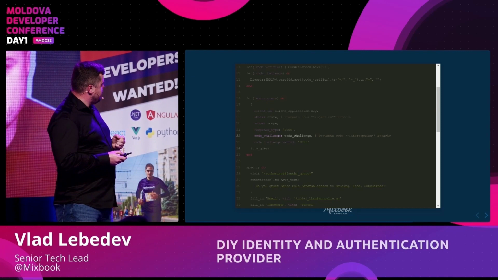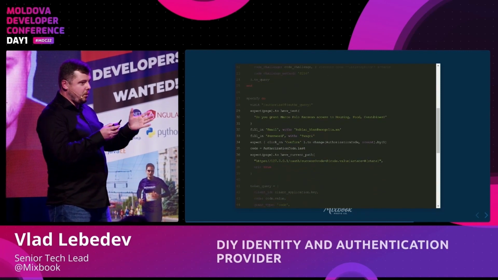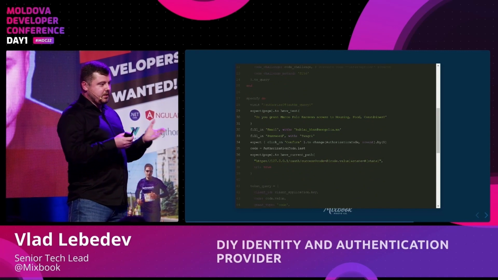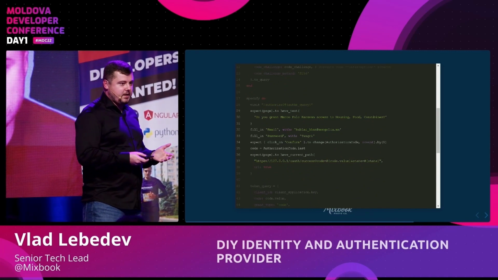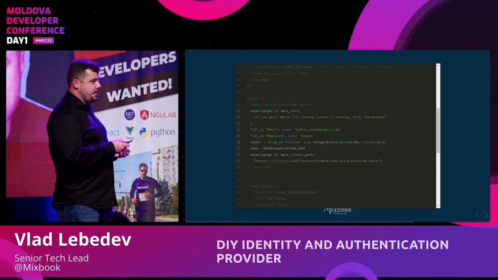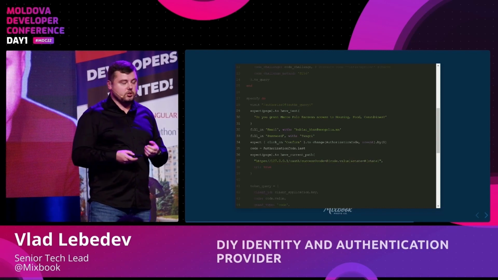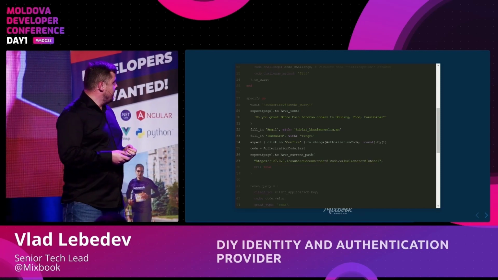Then usually what happens, okay, we talked about that. Usually you get a prompt. It's like, okay, some application wants to access some resources on your behalf. Do you grant access? Blah, blah, blah, whatever. And that's what we do. And the resource owner enters their credentials, and they confirm that they do grant the access.